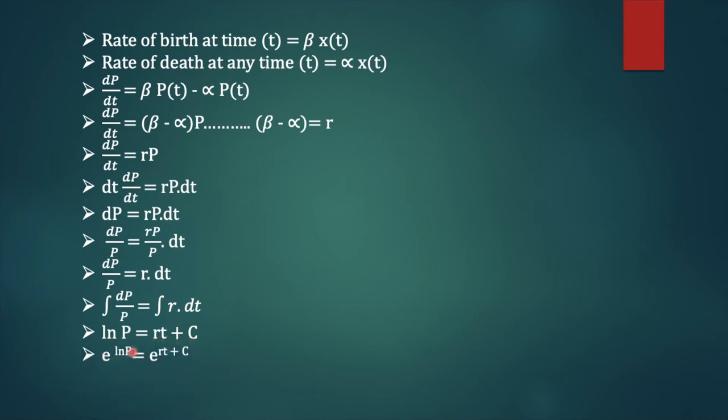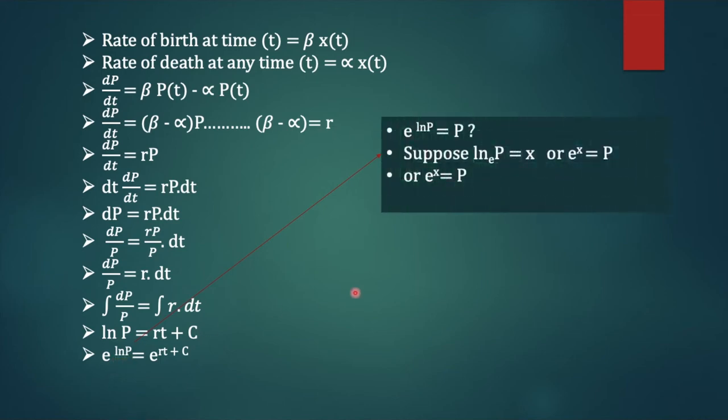Now just consider the exponent of ln P. Then the equation will come up like this. Now, e to the power ln P is equal to what? Let us understand it in this way. The question is, what is the power of e to become P?